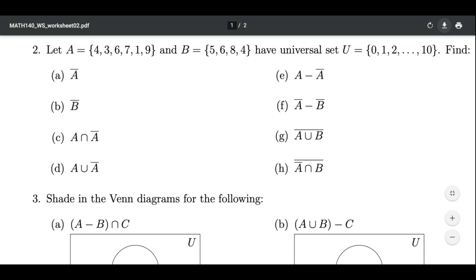You can look for the intersection first. Think about the A complement intersect B complement. We're talking about question F. So A complement intersect B complement is 0, 2, 10, right?